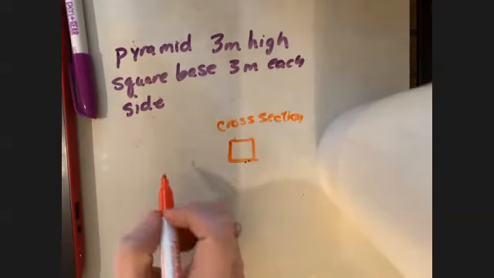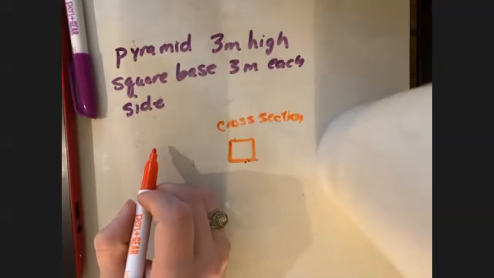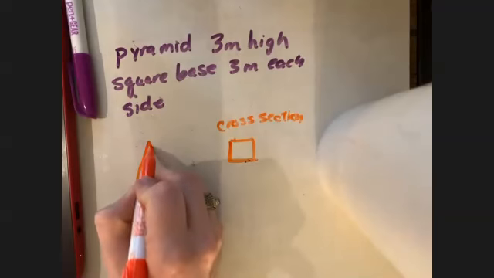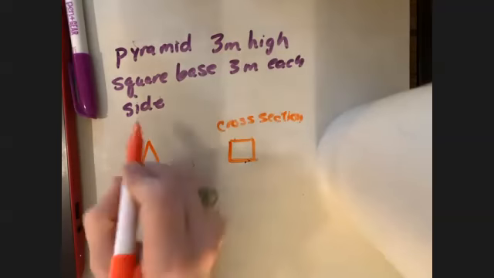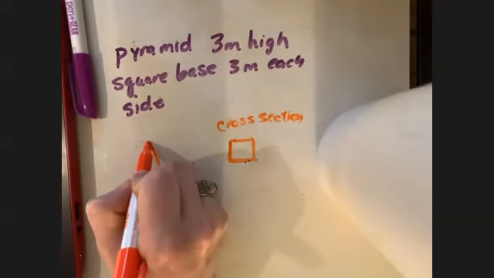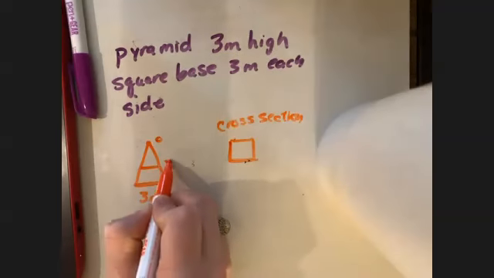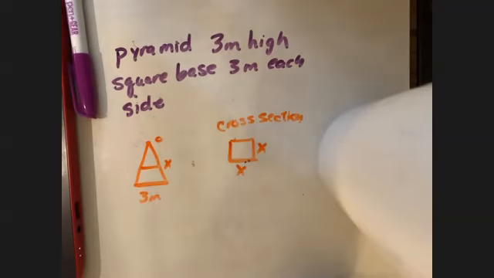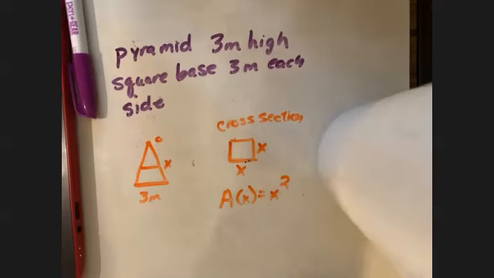If we think about how high we are from the top, I'm just going to draw the front face of this. We know that down here across the bottom, this is 3 meters. Up here at the top, the side would basically be 0. So at any point here, my length is x, but that means that's also x. So my area function is going to be x squared.